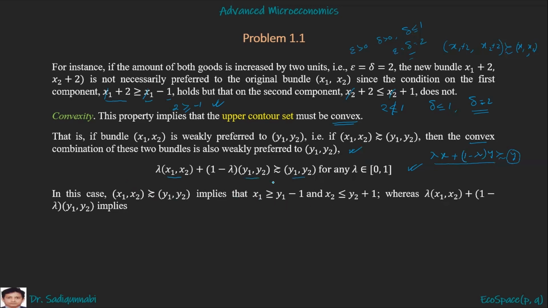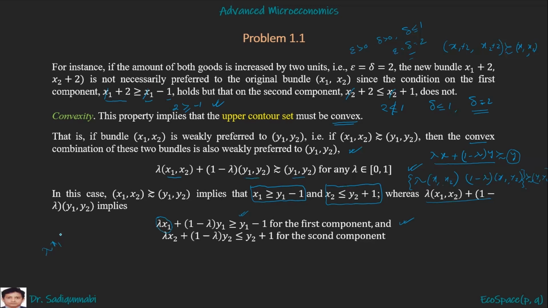If we apply the condition for the first component and second component, our comparison is now: lambda x1 plus 1 minus lambda y1 is the first component, and the second component is lambda x2 plus 1 minus lambda y2.